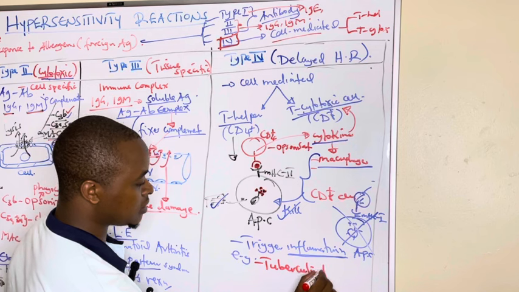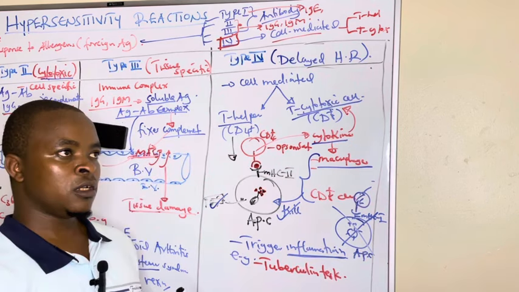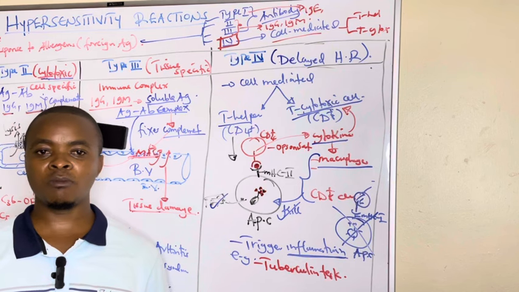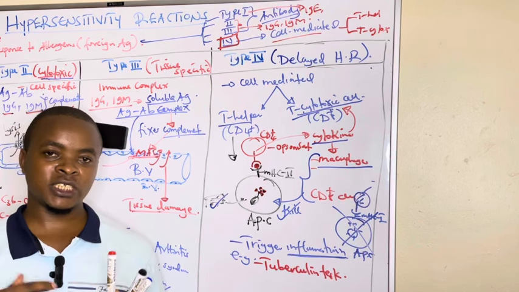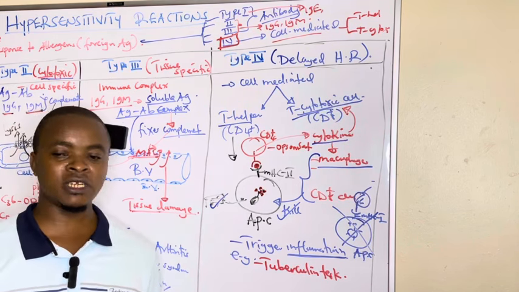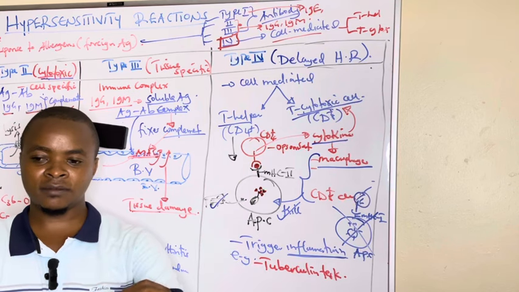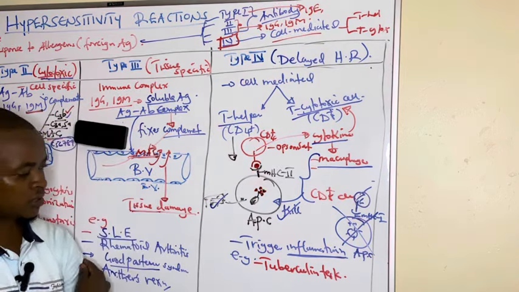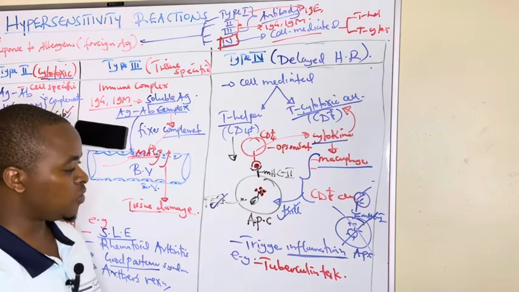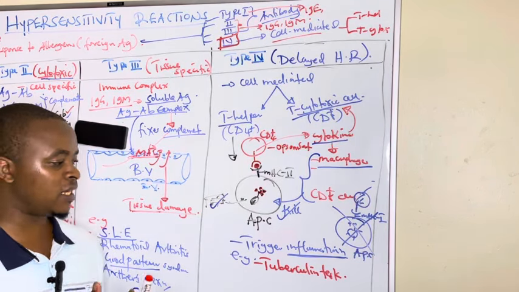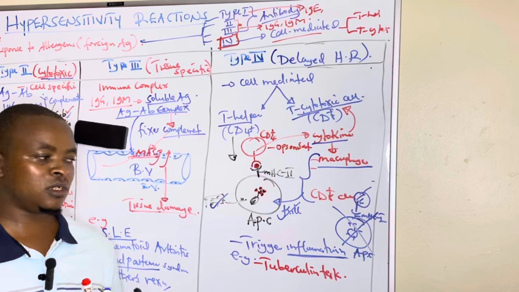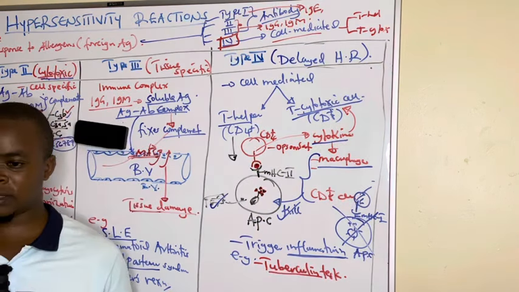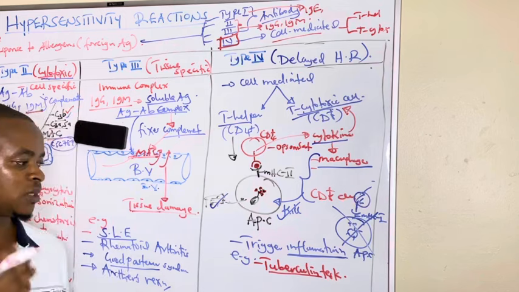The tuberculin skin test is done on people suspected to have tuberculosis, Mycobacterium tuberculosis. It is done on the skin by making a prick, then we add an antigen, and at the end we monitor the size of the inflammation. When the inflammation is big, we can confirm that someone is Mycobacterium tuberculosis positive.